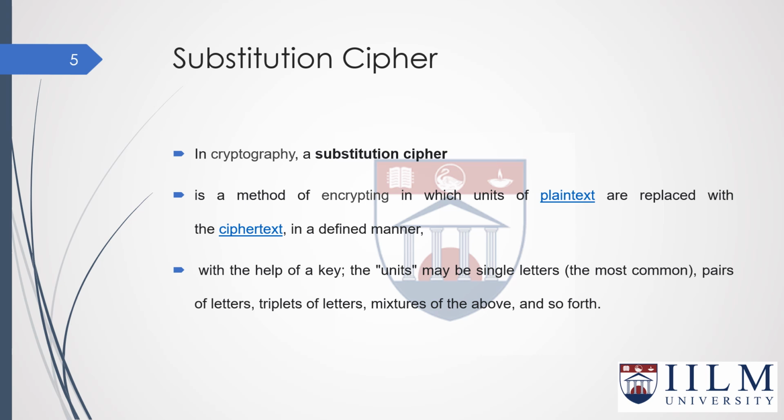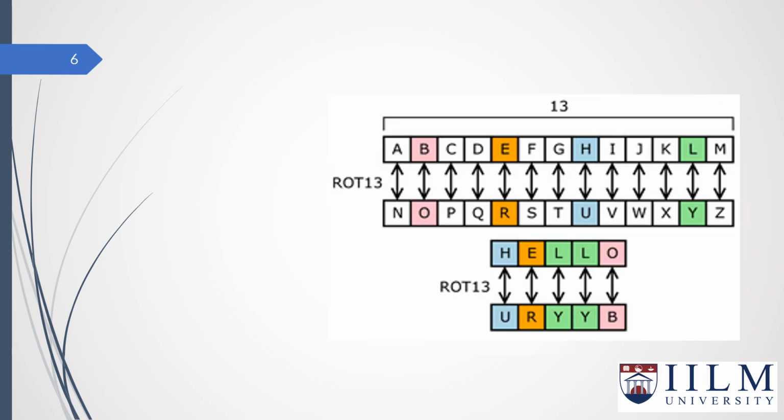Let's have a look at the substitution cipher, how it works. So this is another example of substitution cipher, ROT13. So if we do positioning of different numbers, A becomes N, B becomes O, C becomes P, D becomes Q. So it is just a division of 26 letters, 13 is 13 next.